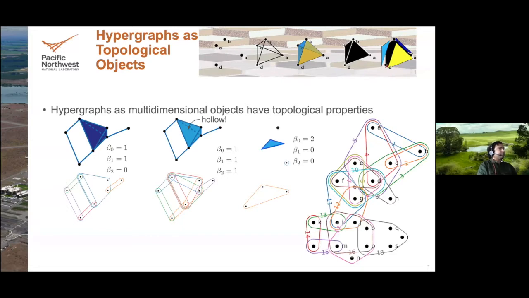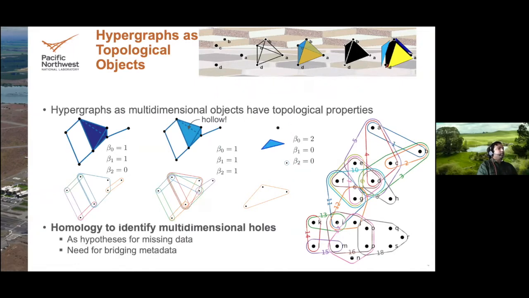For example, here is a hypergraph with a one-dimensional hollow hole, and there can be another hypergraph with a solid entity, but inside that solid there can be a hollow, which would be a two-dimensional hole, and so on and so forth.